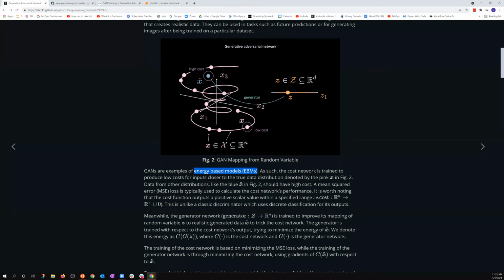You just feed the x to a model, and whatever comes out is your output. But in energy-based models, during training you create the energy function, and during inference you perform gradient descent again to get your y.